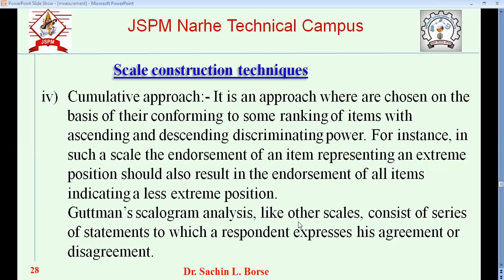Now we'll move to the next scale generation method, called the cumulative approach. What happens in the cumulative approach?